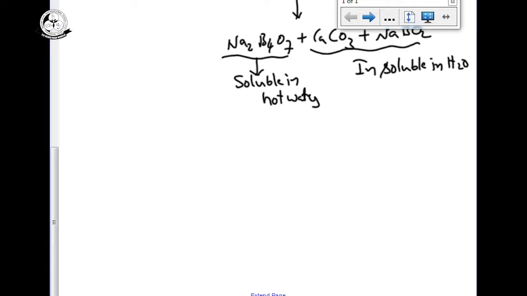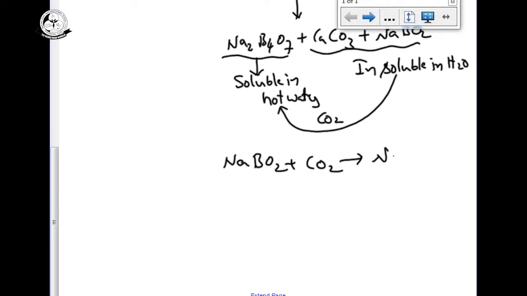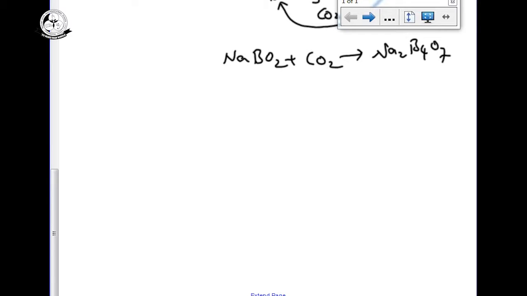Now NaBO2, sodium metaborate, on reaction with carbon dioxide is also converted into borax, Na2B4O7. These are the two important methods of preparation of borax.